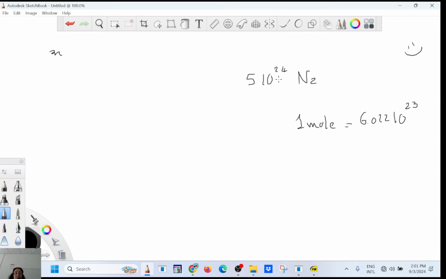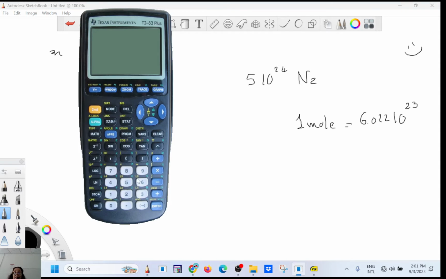But I just want to show you a mistake that you do not want to make. If you use the trick I showed you last time, you will say 5 times 10 to the 24 molecules, okay? How many times does 1 mole go into that?